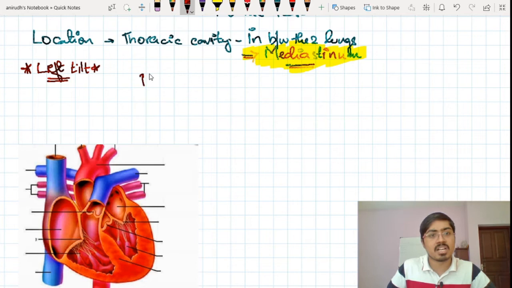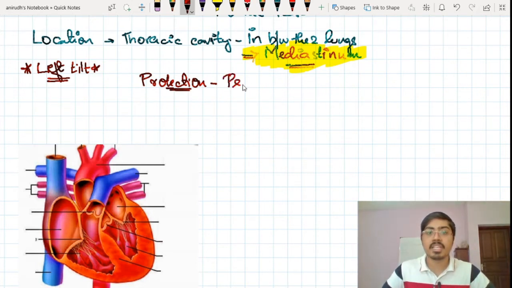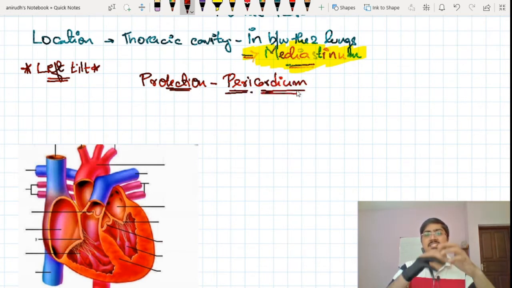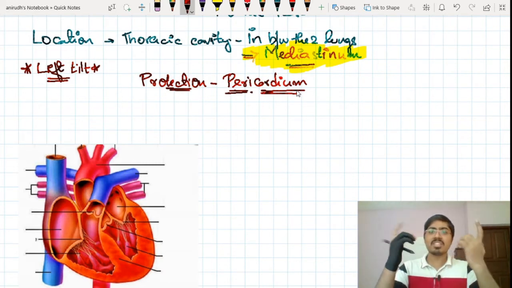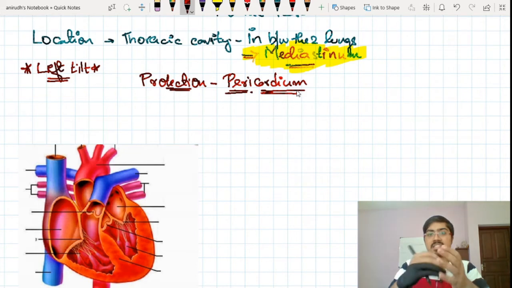Now the protection of the heart is by a covering, a fibrous, connective tissue covering. What is covering it is called the pericardium. So peri means just outside, and cardium means it is related to the heart. So something which is outside the heart is called the pericardium.